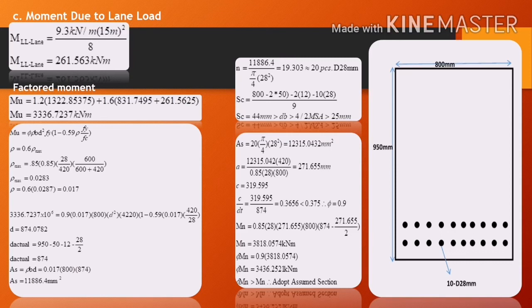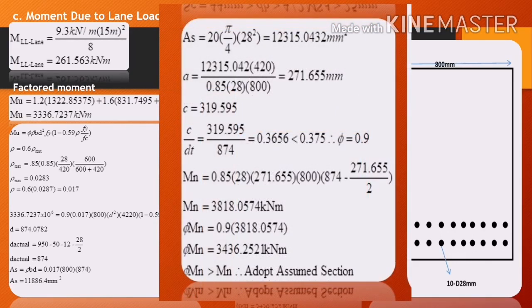After that, we solve for the AS, A, C over dt, Mn, and phi Mn to check if we can adopt the section. The new AS is equal to 12315.0432 mm squared. For a is equal to 271.655 mm and c is equal to 319.595.